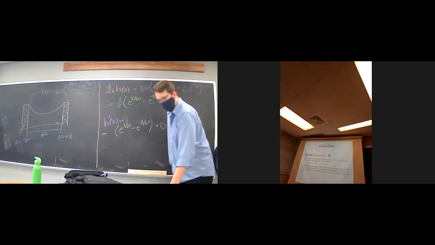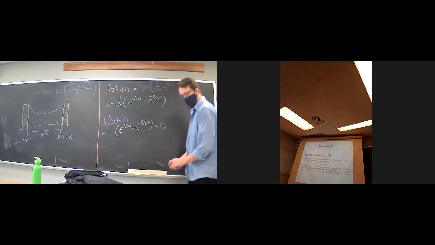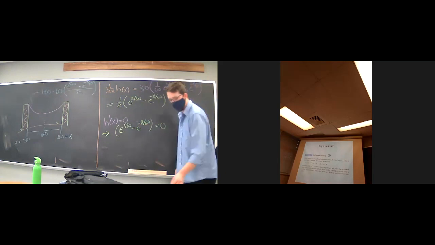Multiply both sides by 2. When we do that, we're going to kill our 1/2, aren't we? Now we can add e to the negative x over 60 to both sides, right?